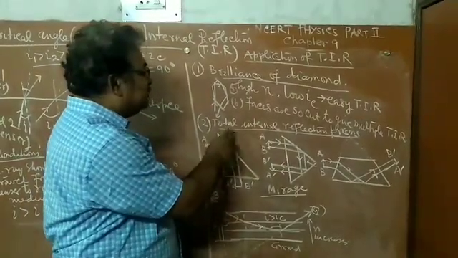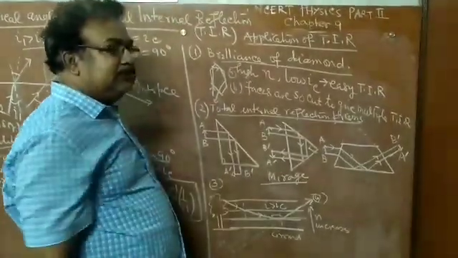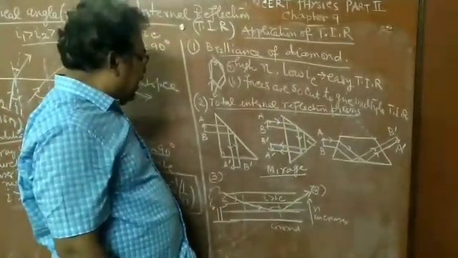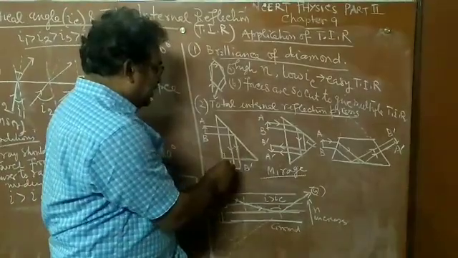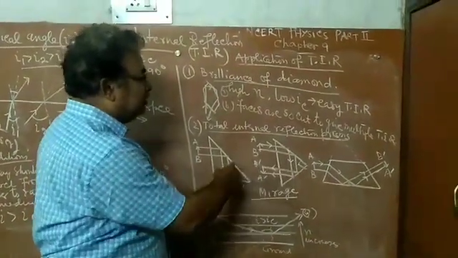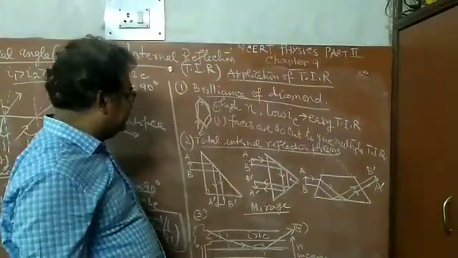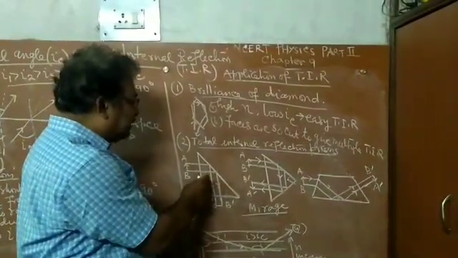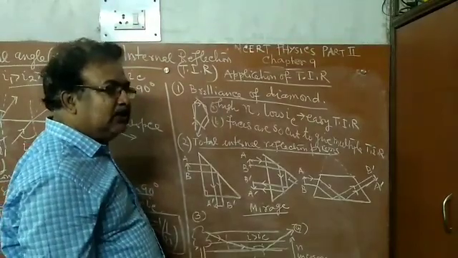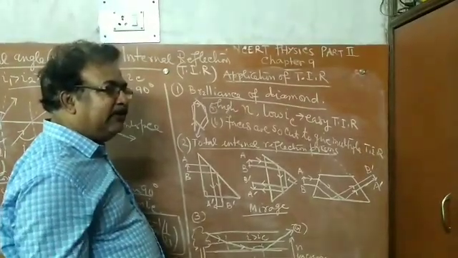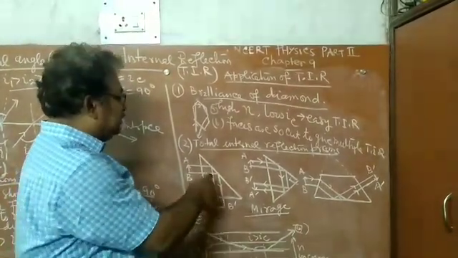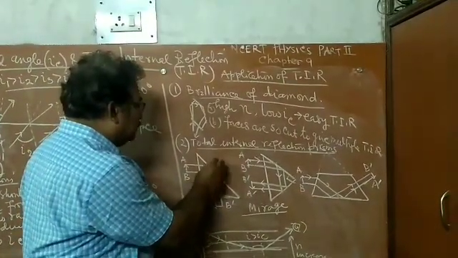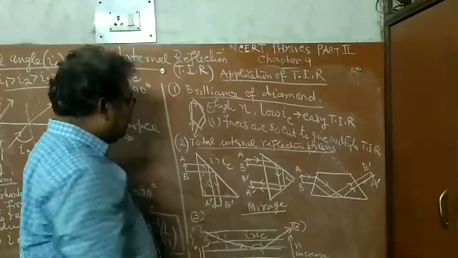Second application is total internal reflection prisms. Now these total internal reflection prisms have a 90 degree angle as shown. I have shown three orientations of the prisms. Since for this glass, having refractive index of the order of 1.5 to 1.6, the critical angle is of the order of 45 degrees.